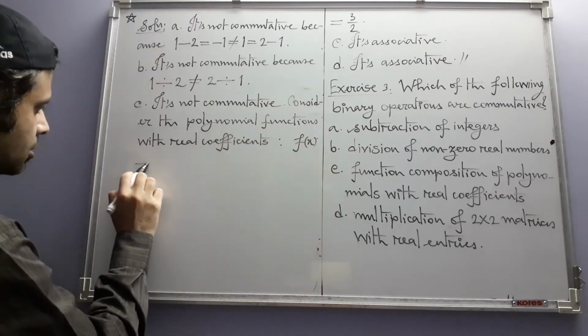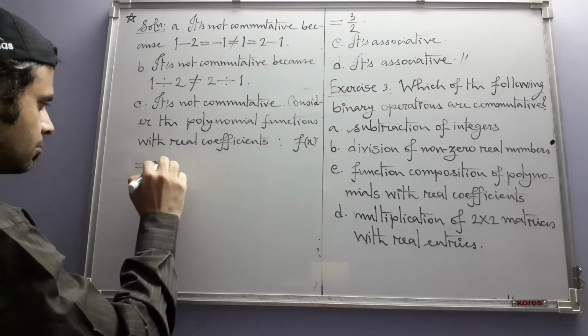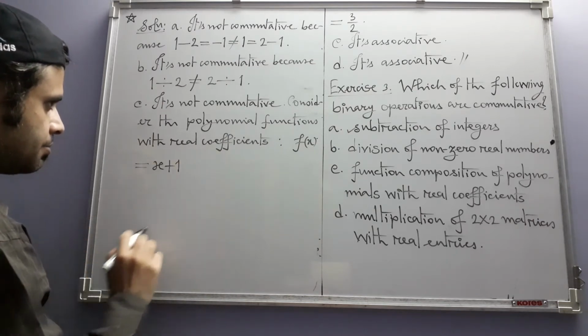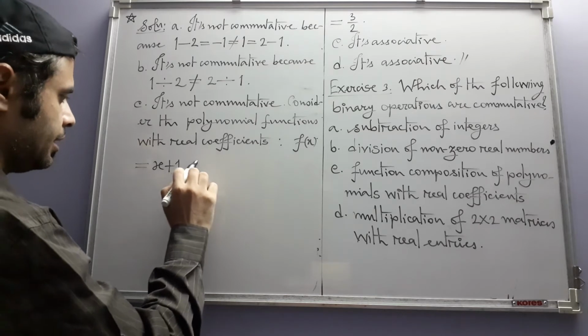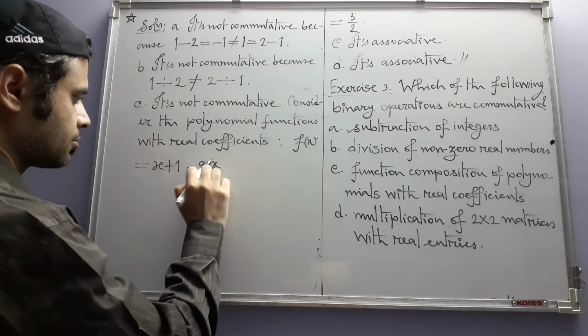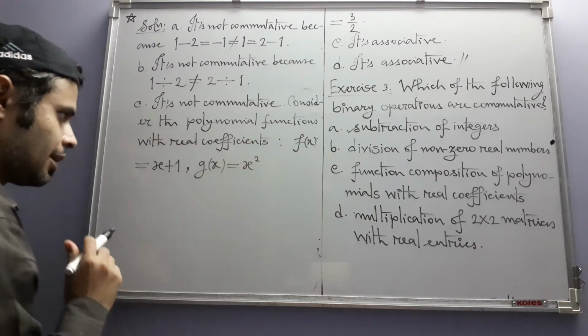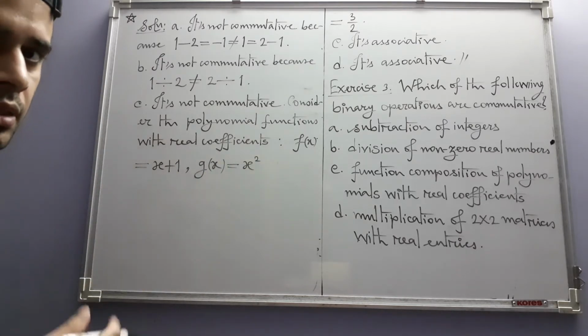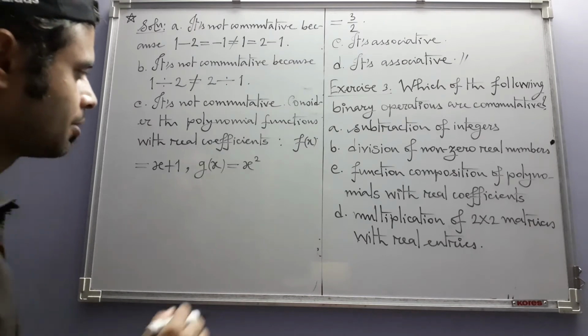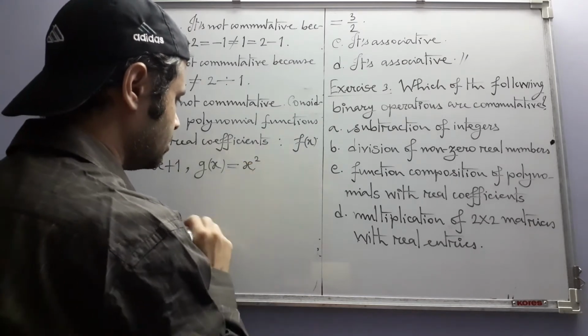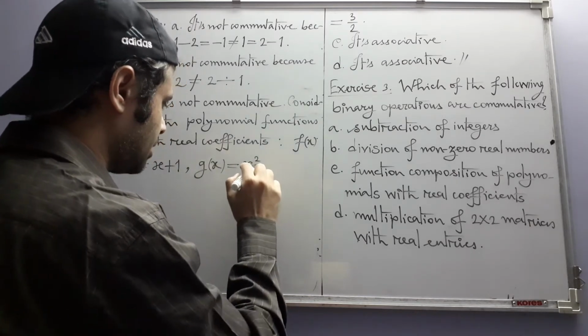Say f(x) equal to x plus 1, and g(x) equal to x squared. We take simple ones so that the calculations of the compositions are not very complicated, and at the same time they serve our purpose.